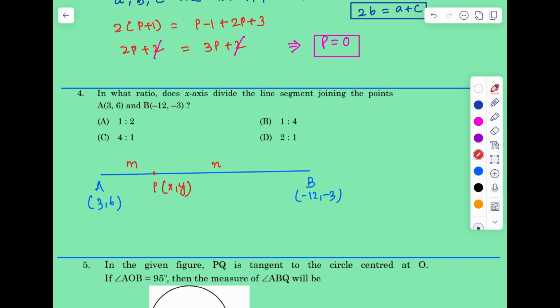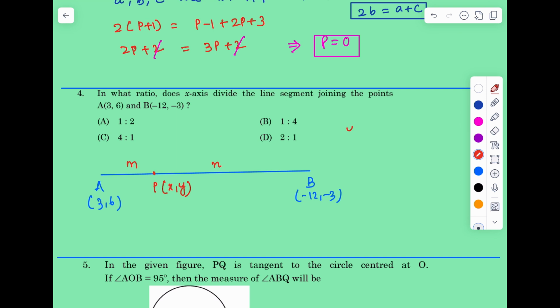The x-axis divides means on the x-axis y is equal to 0. So y is equal to 0.